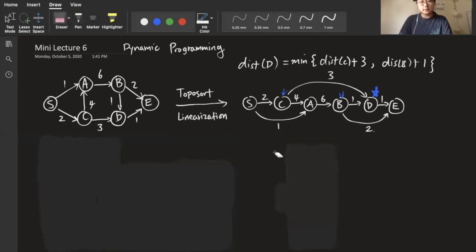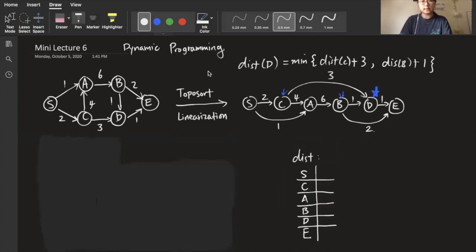Let's start with S. The distance to S is very simple. It's 0, right? You're there already. You don't need to go anywhere. And then we can look at the distance to C. This whole linearization thing tells us that I only need to look at nodes that have been covered beforehand.